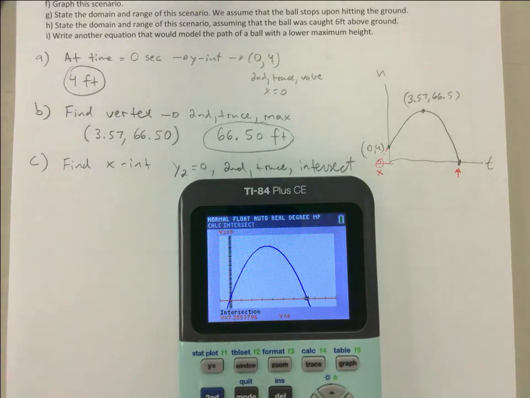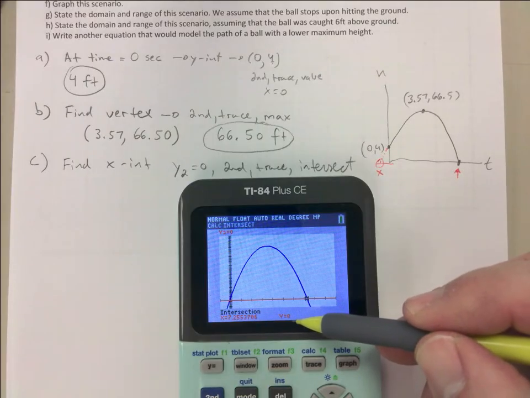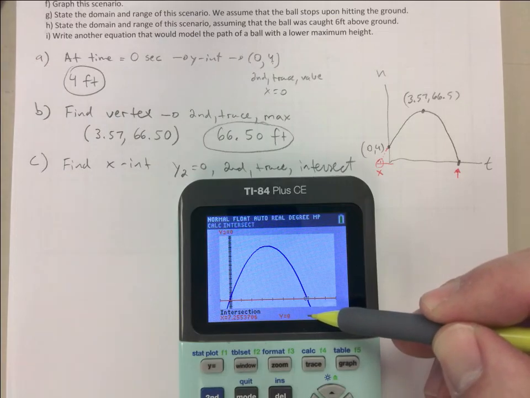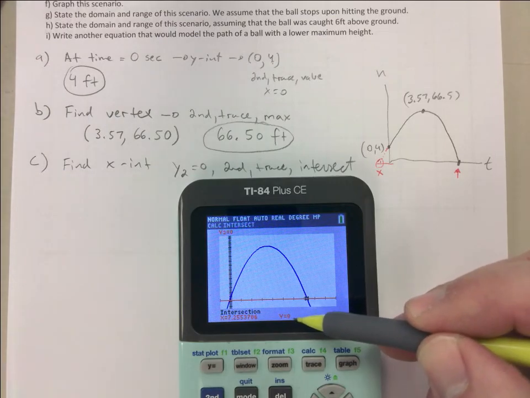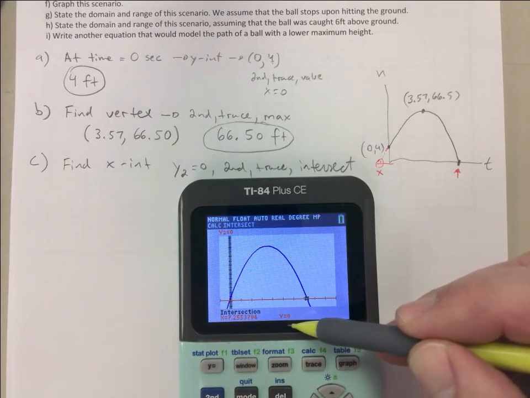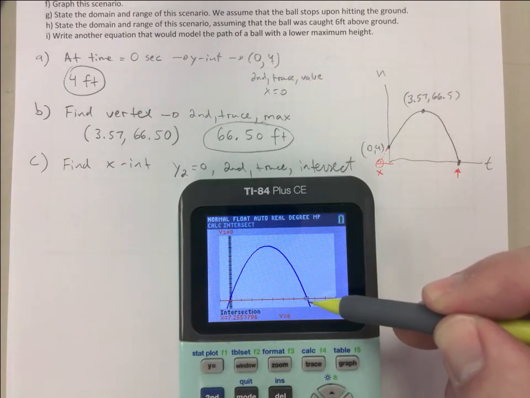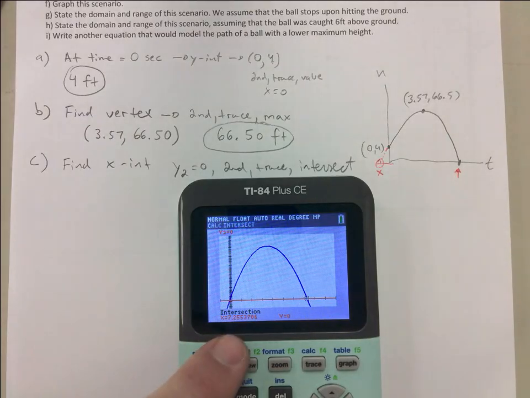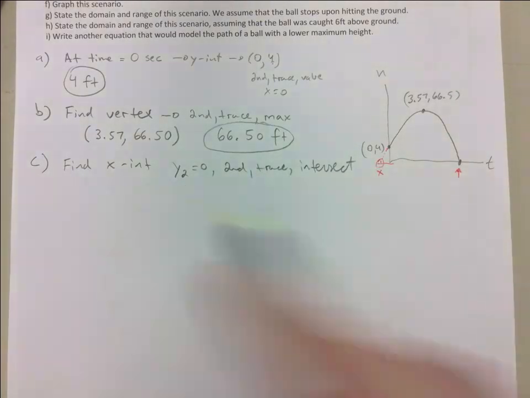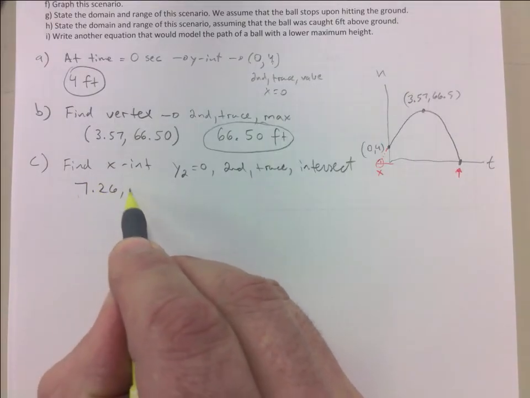And just a recall. If y said something like 3.57 times e to the negative 10 or whatever, don't be writing 3.57. It is 0. We want it to be on the x-axis, okay? So let's just write this one down. 7.26, 0.